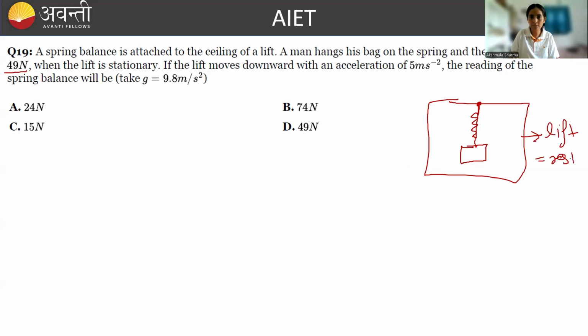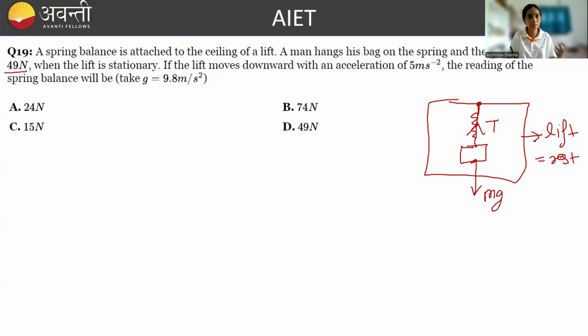When the lift is at rest, this is the spring and tension will appear, Kx here, and gravitational force mg. When you hang the bag, the spring will get extended until it achieves equilibrium.